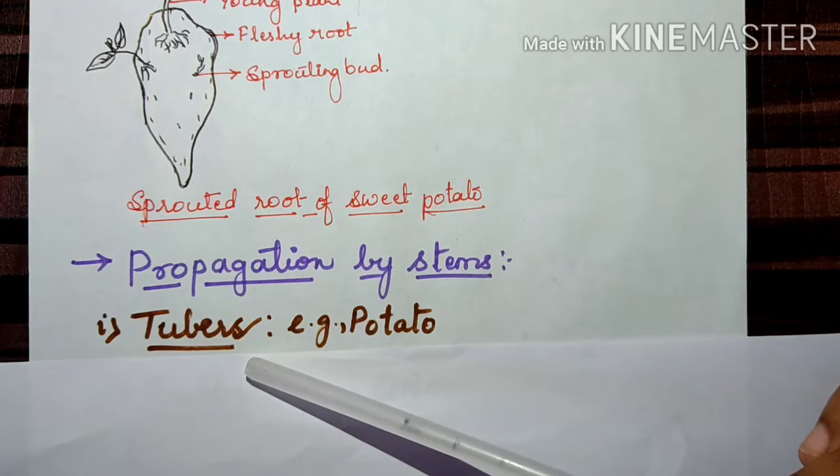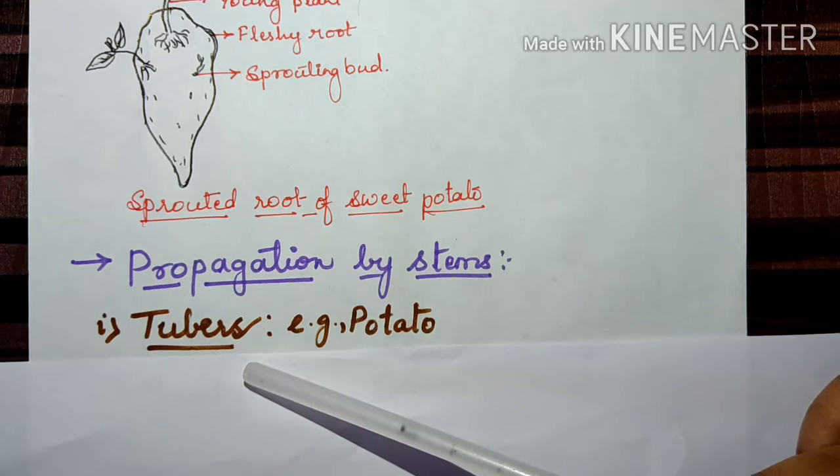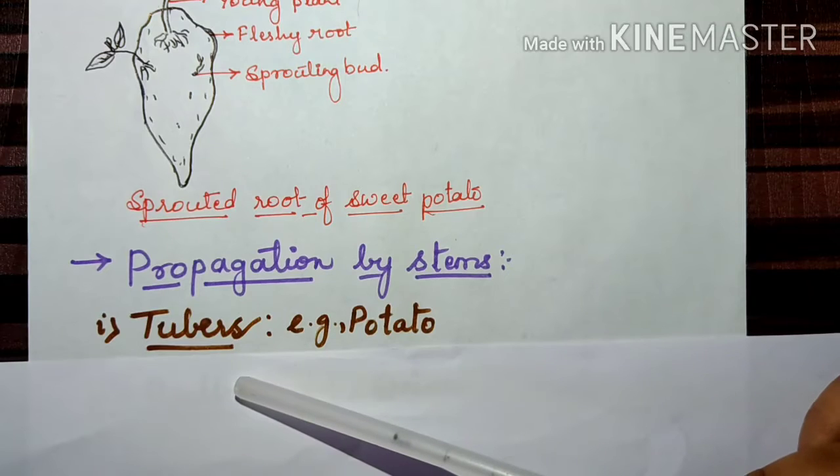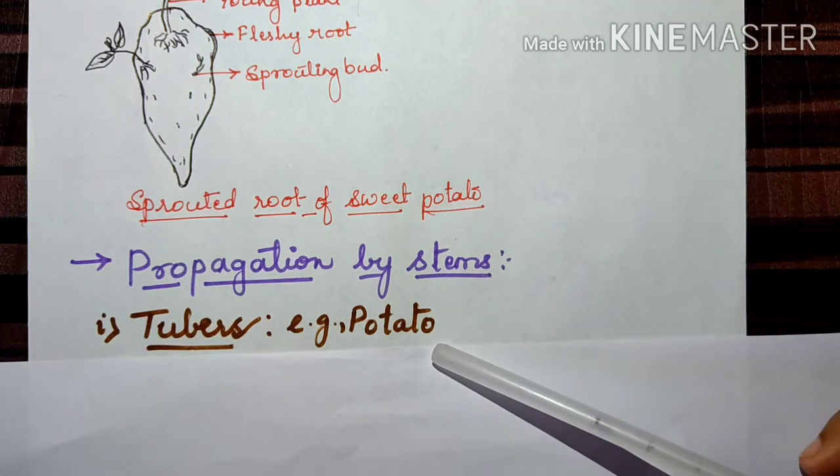In case of tubers, these have buds over their nodes and those buds produce new plantlets when placed in the soil. That type of propagation you can see in case of potato.